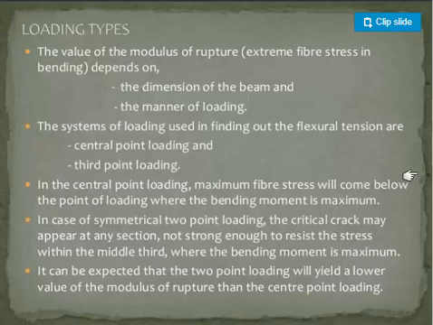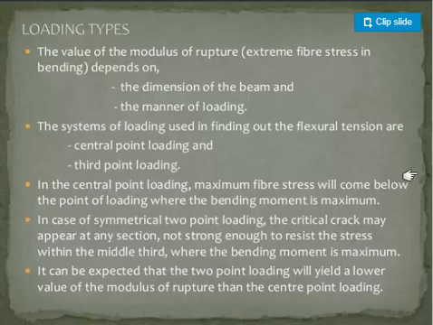So students, depending upon the loading condition, the beam will be subjected to failure. In case of symmetrical two-point loading, the critical crack may appear at any section, right? Not strong enough to resist the stresses within the middle third. So as per the conditions of loading, when the sample is placed in the flexural testing machine and subjected to the loading condition, failure will occur accordingly.